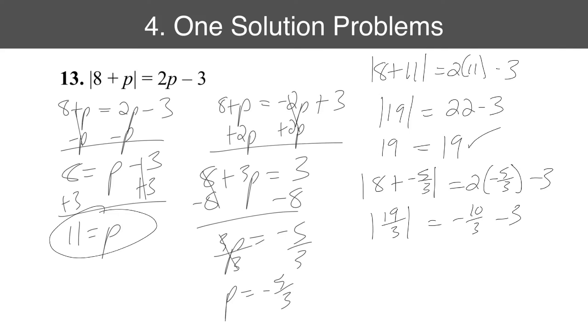All right, so on the left side, we'd have the absolute value of 19 over 3, which would just be 19 over 3. And then negative 10 over 3 minus 3, which would come out to be negative 19 over 3. So you'll see right here, one is positive, one is negative. So those are not the same. So the negative 5/3 does not work.